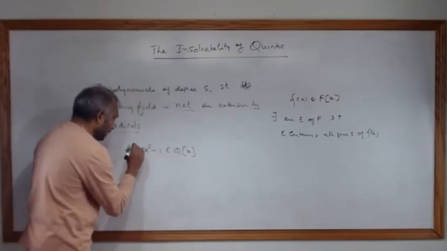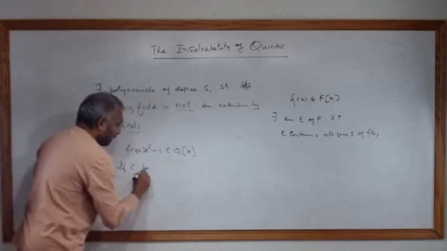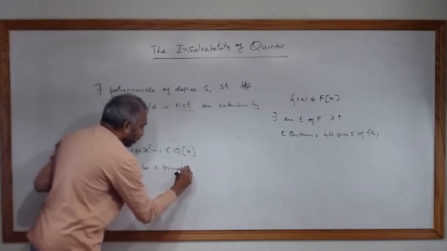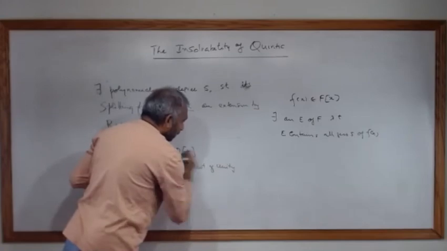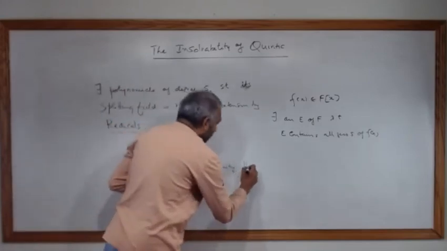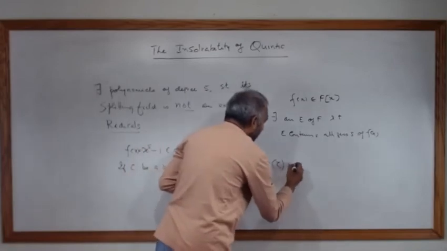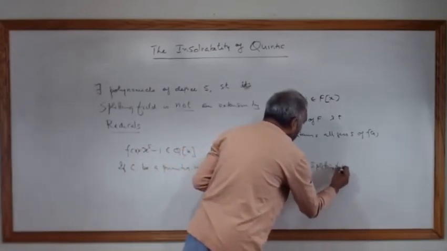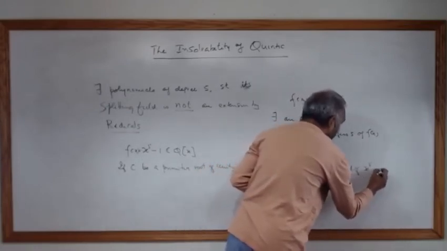For example, here if zeta is a primitive root of unity, then Q of zeta is the splitting field of x to the power of 5 minus 1.